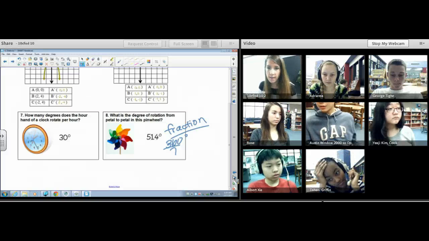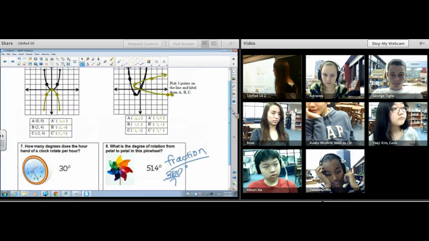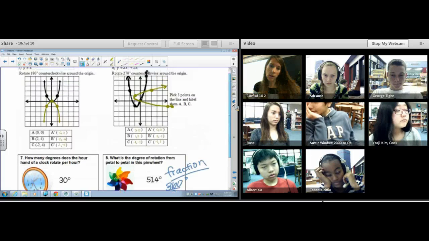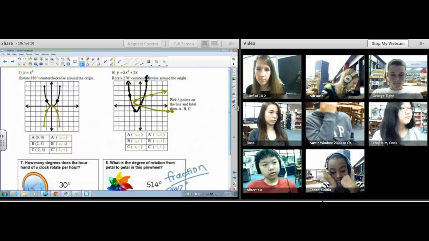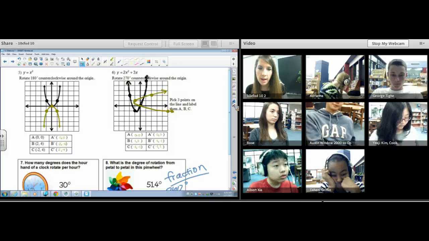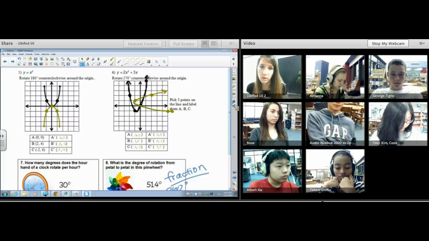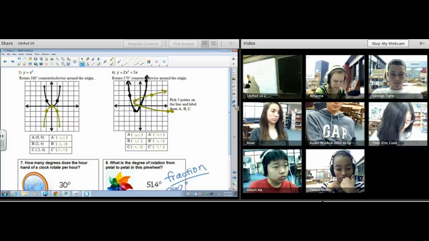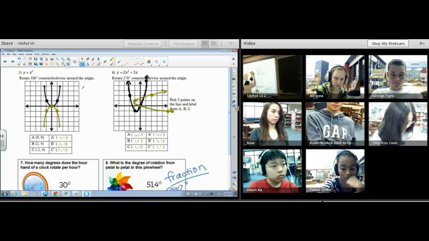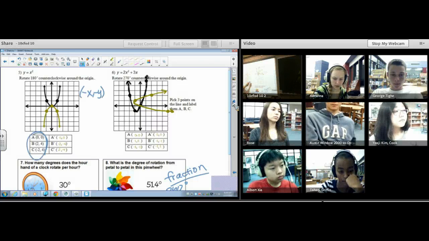Number 5. You're asking about number 5? Like I said, we're not going to do a whole lot of equations, like linear or quadratic equations, rotating them, but all you need to do is take A, B, and C and apply the rule. That's all you had to do. So the rule for 180 is -x, -y. So you're really just taking these numbers and you're making them negative.